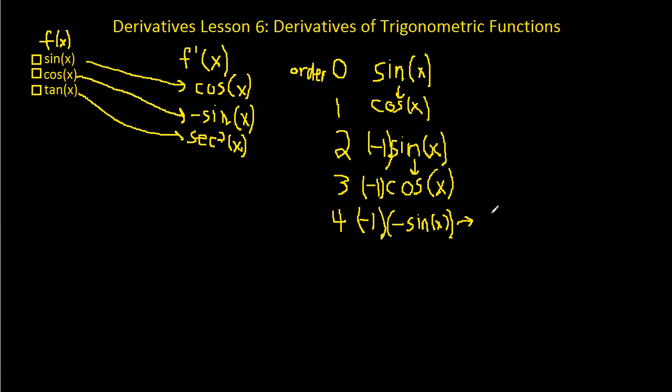So this goes to plain old sine of x. And as you can see, we've come full circle here and returned to the zero order. This cycle will keep going on as long as we keep taking derivatives of sine of x or one of these terms.